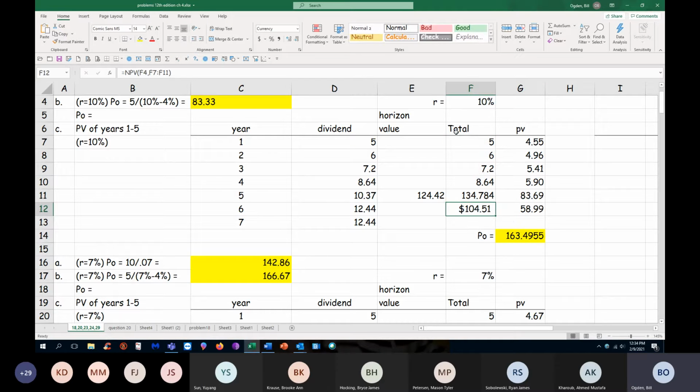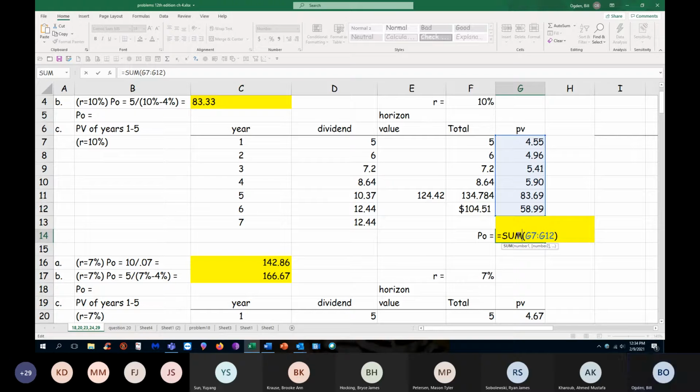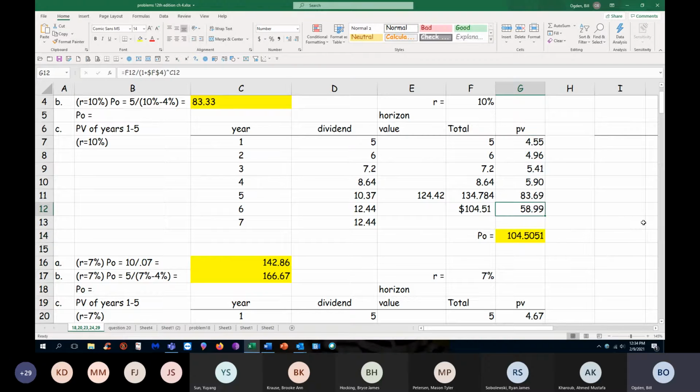I think this should work. Well, look at that. What's going on here? Oh, I see. I thought I fixed that. I didn't. There we go. All right, anyway, there you go. 104.50, one or the other, however you did it.